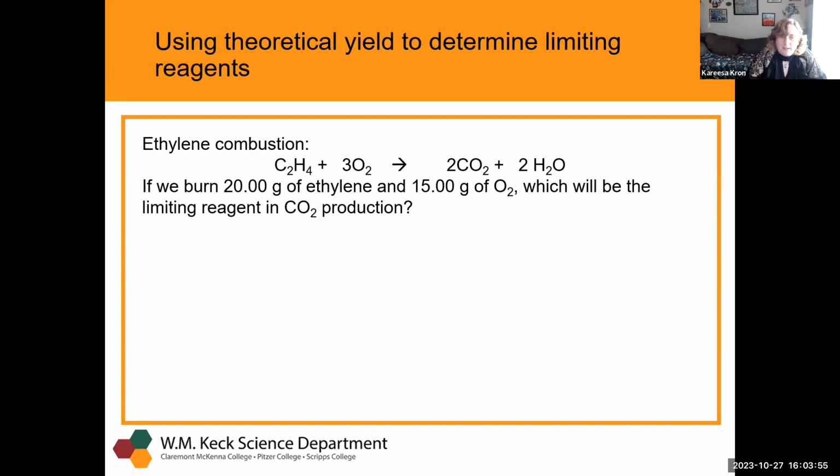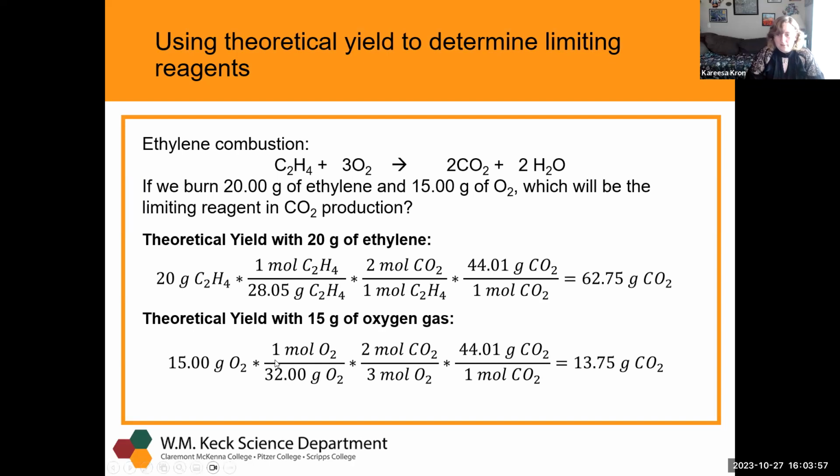So I already calculated a theoretical yield of ethylene in our last problem. And I found that when I calculated that theoretical yield of ethylene, it was possible for me to produce 62.75 grams of CO2. But if I repeat this process where I have 15 grams of O2, and I know that the molecular mass is 32 grams per mole of oxygen, and then for every 3 moles of O2 I use, I can produce 2 moles of CO2.